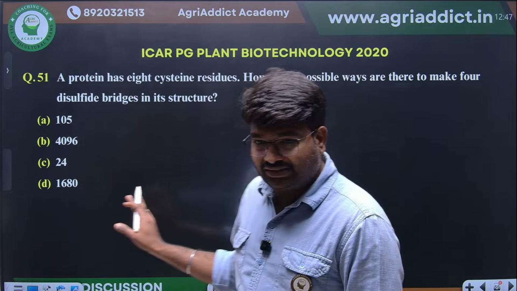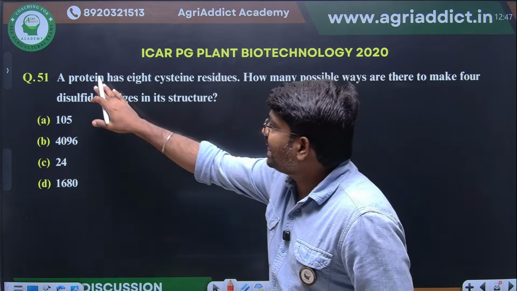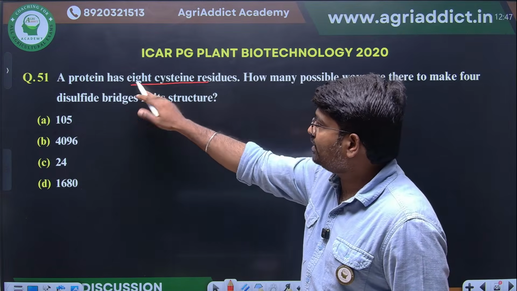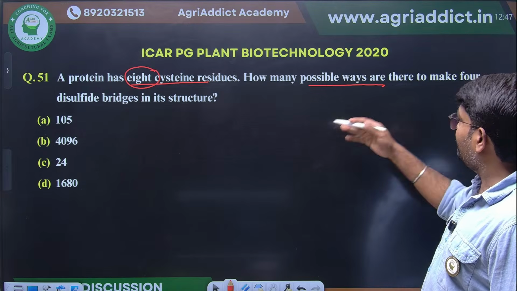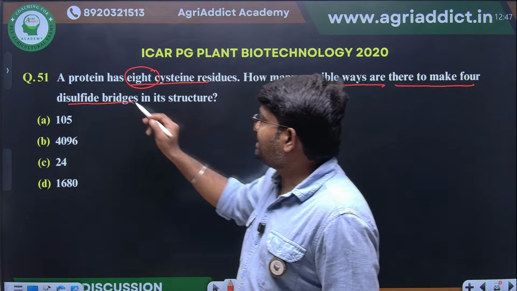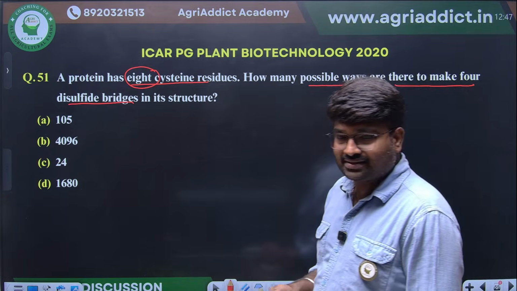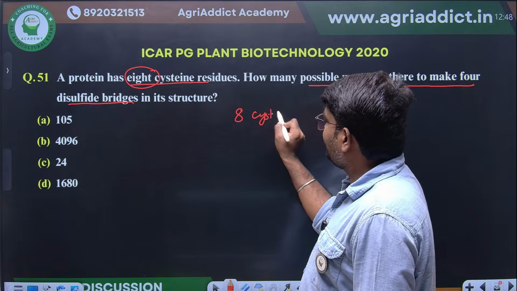Another important question, you have to observe this properly. A protein that has 8 cysteine residues. How many possible ways are there to make 4 disulfide bridges in its structure? They have given 8 cysteine residues.